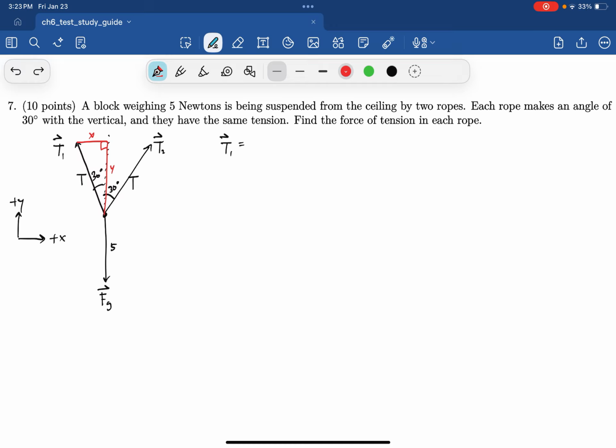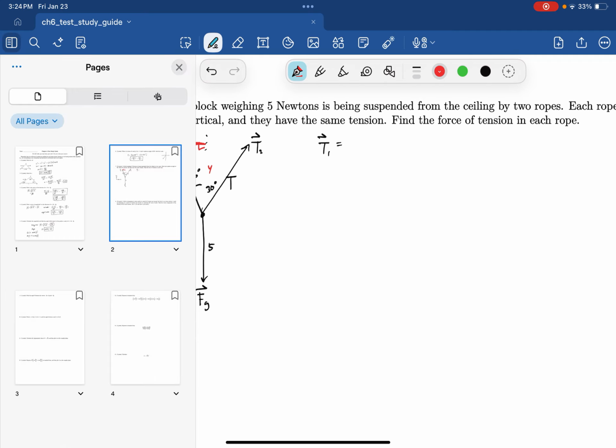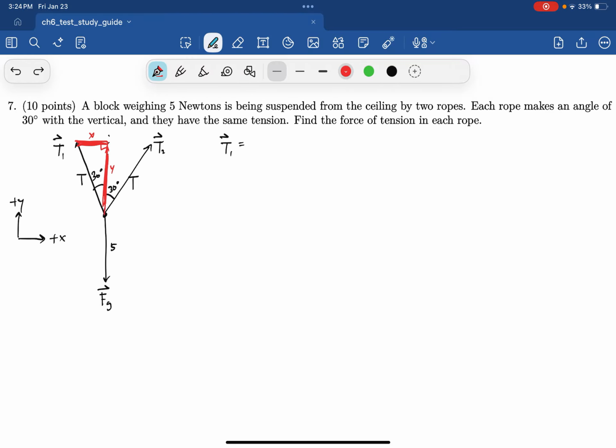So we know that this vector T1 is pointing left and up. So that tells us that the x component should be negative and the y component is positive. And then we determine the length of these side lengths, and those will correspond to the absolute value of the components.